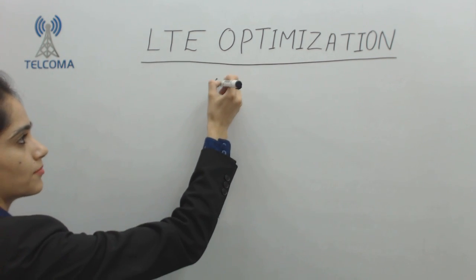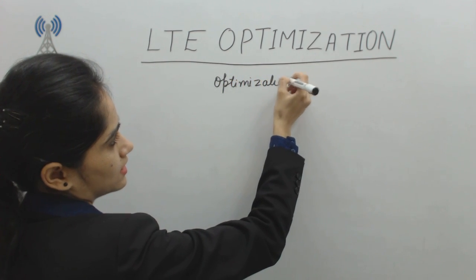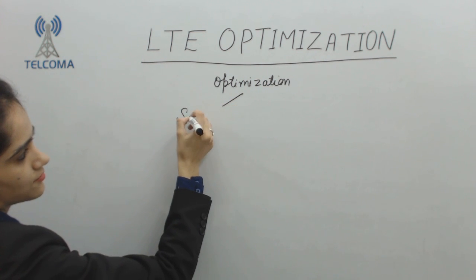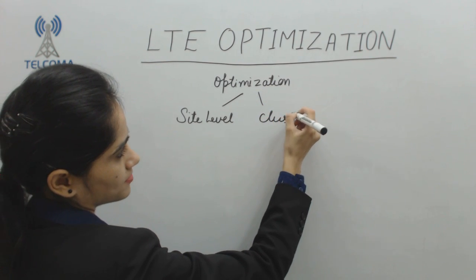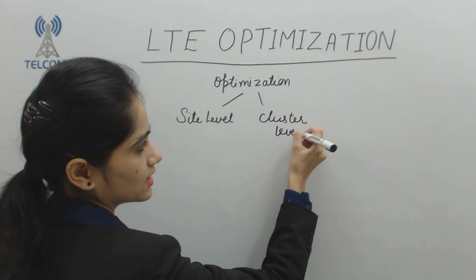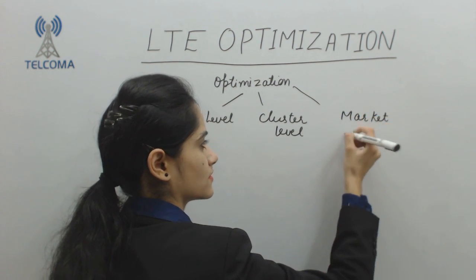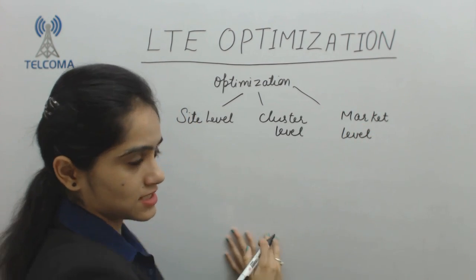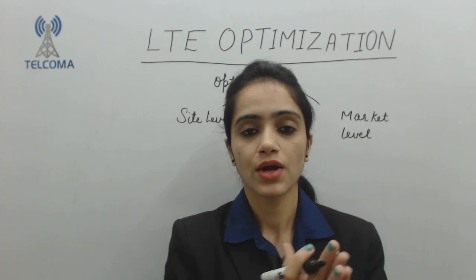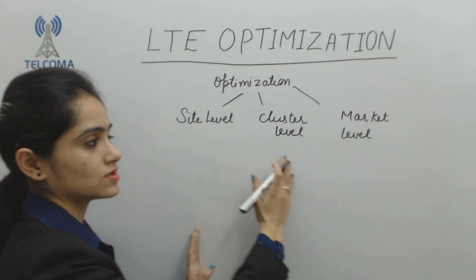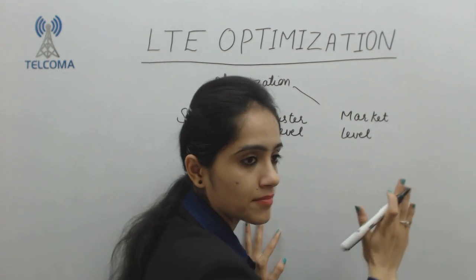So we have site level, cluster level and market level optimization. To find the key performance indicator of each thing, we have divided the optimization process into three levels: site level, cluster level and market level.